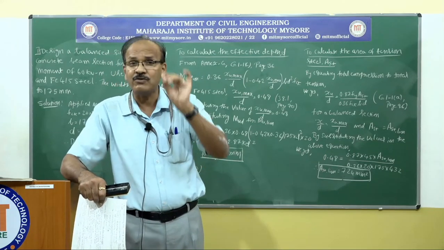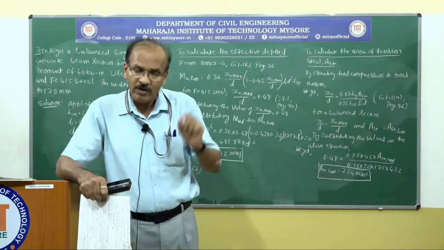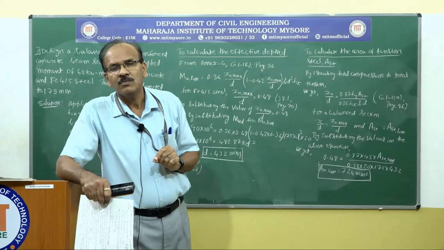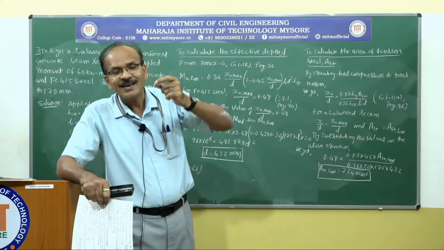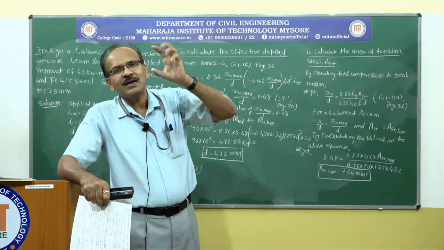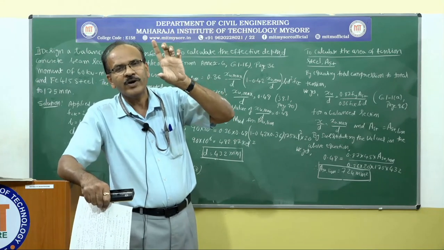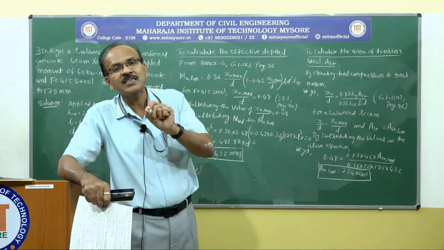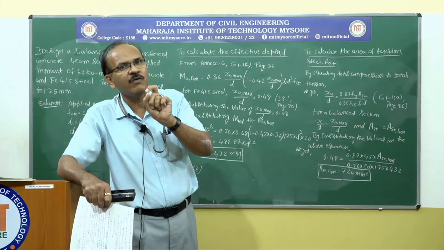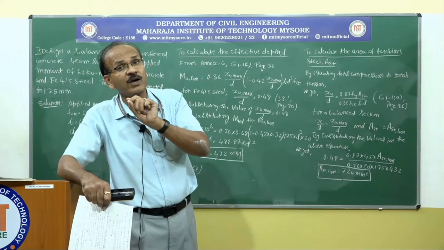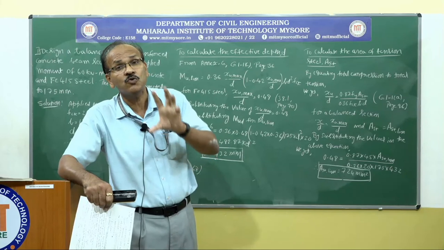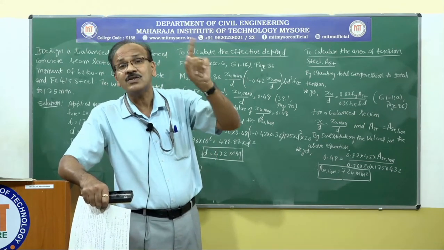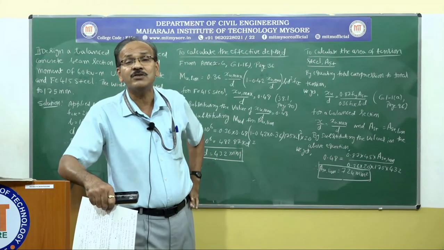But in case of under-reinforced section, what happens is, when you subject a beam to load until failure, in case of under-reinforced section, we have provided concrete and steel in such a proportion that the steel will reach its limiting strain value of Fy divided by 1.15 Es plus 0.002 first, before concrete reaches its limiting strain value of 0.0035.